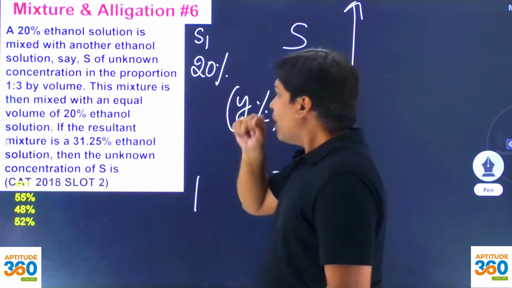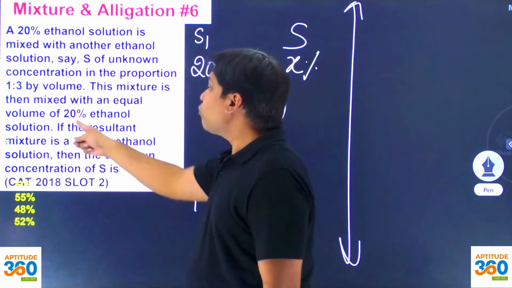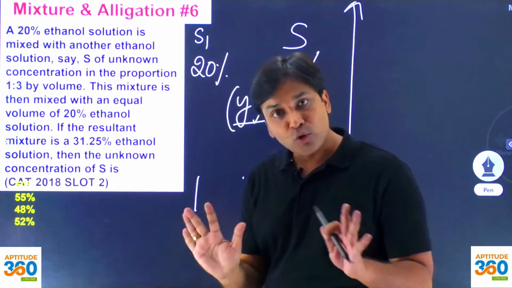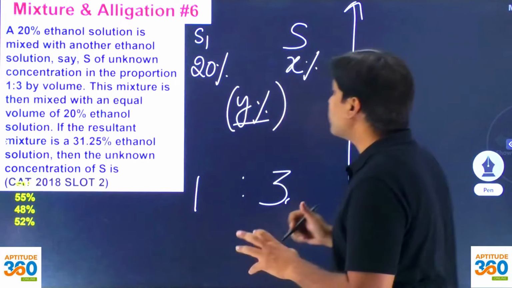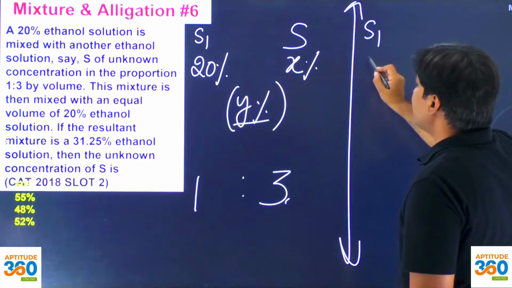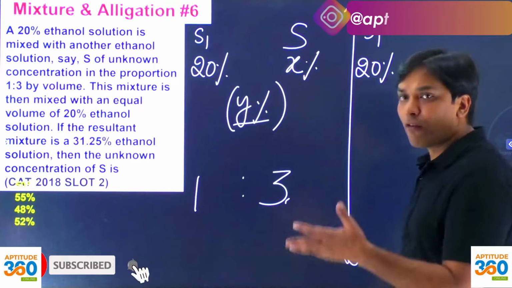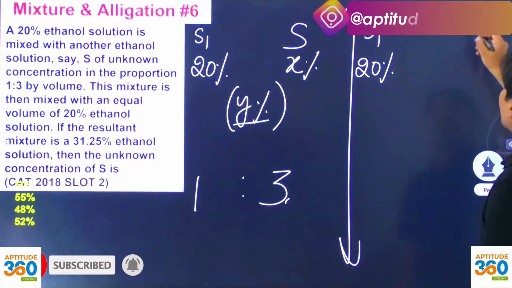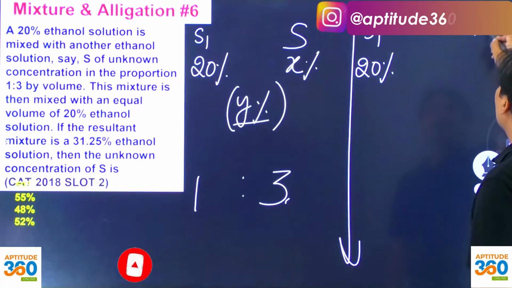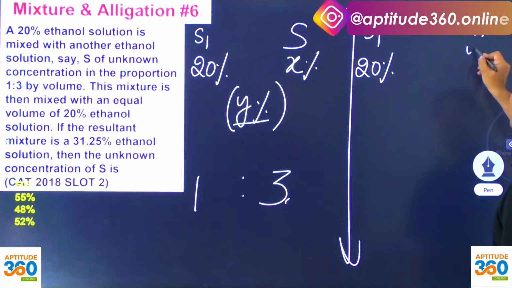And then this mixture is then mixed with an equal volume of 20%. So 1:1 ratio, equal volume बोलने का मतलब 1:1. So in the second situation, further you are mixing S1. Concentration of S1 is obviously 20%, and then you have got this mixture out here, and the concentration of mixture is y%.